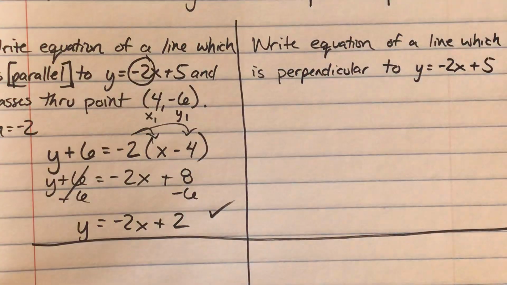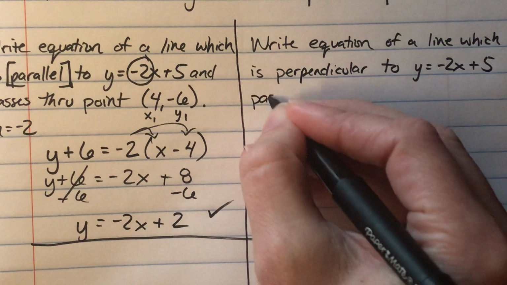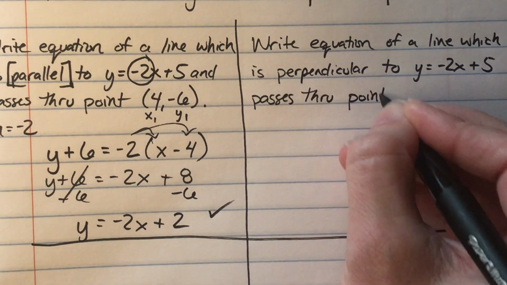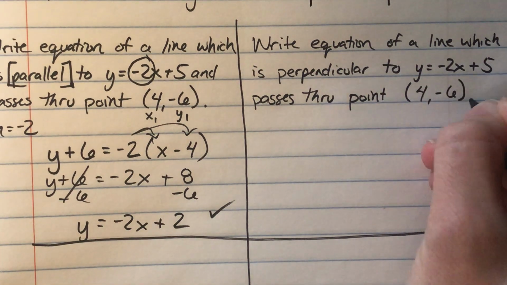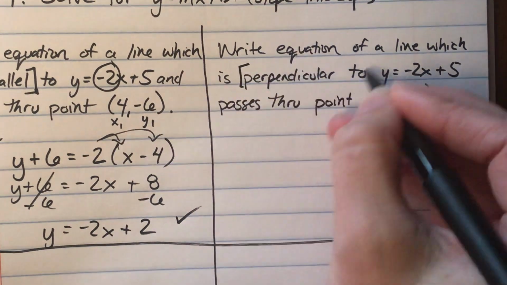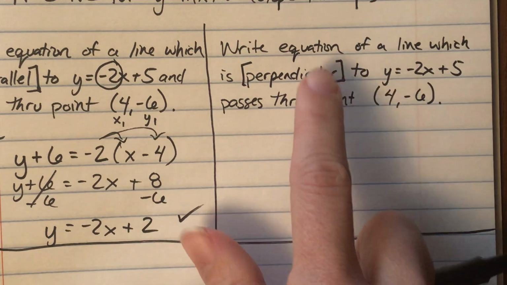We're going to use that same original line. And it passes through the point (4, -6). Same exact situation. The only thing that's changed is that the question is now asking me to make a line that is perpendicular.